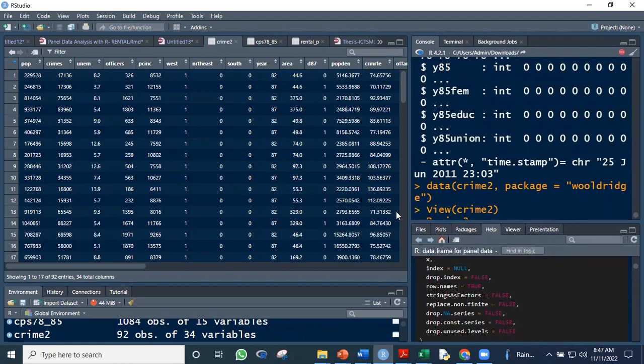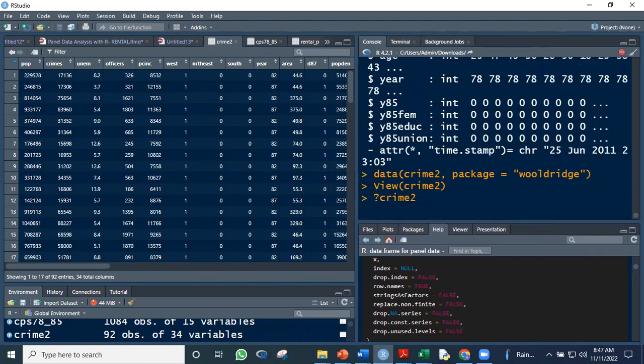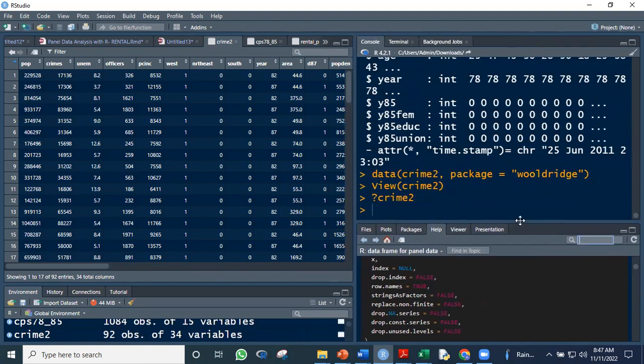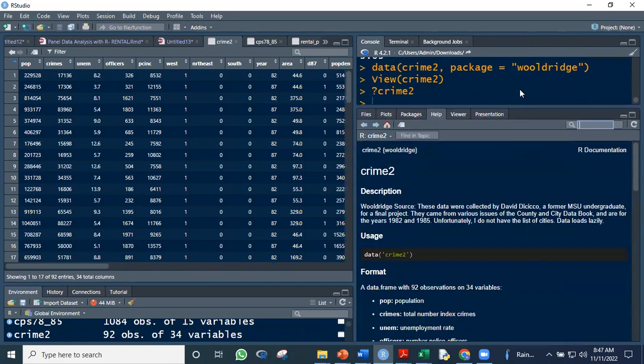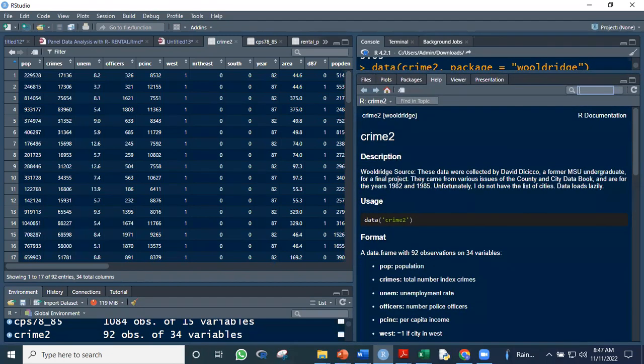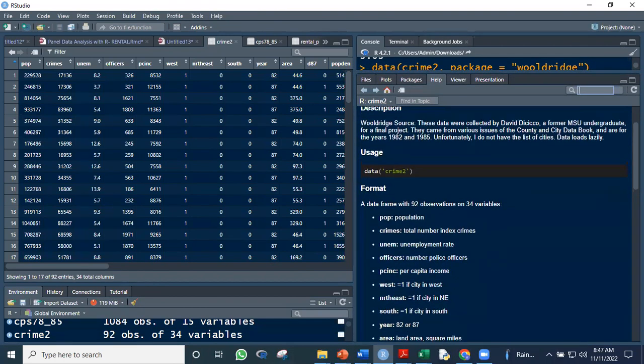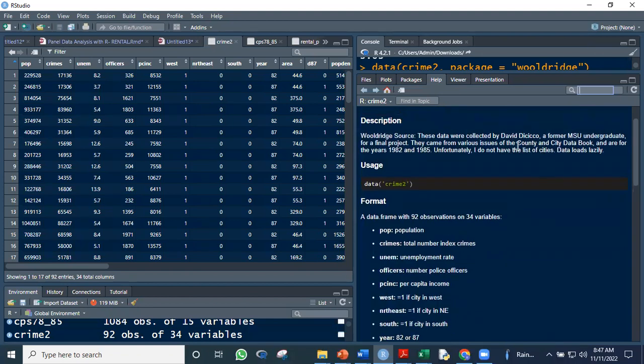Let's check the metadata. Yan, crime 2. Okay, collected by David Dicho. Okay, final project. County siya, county and city, years 1982. Unfortunately, I do not have the list of the cities.